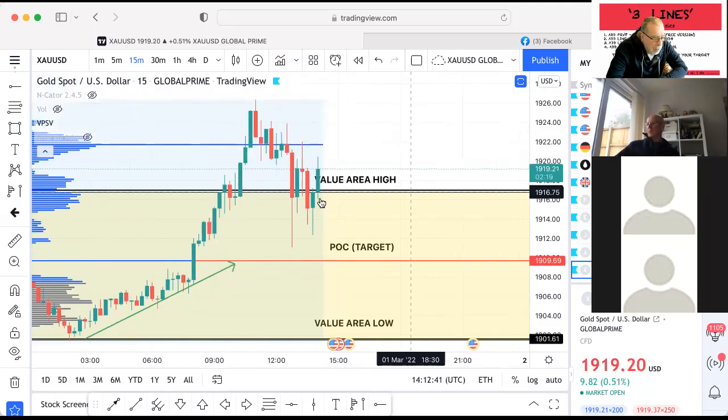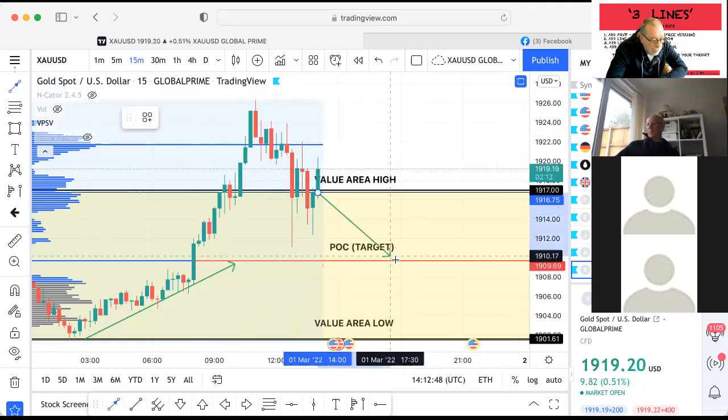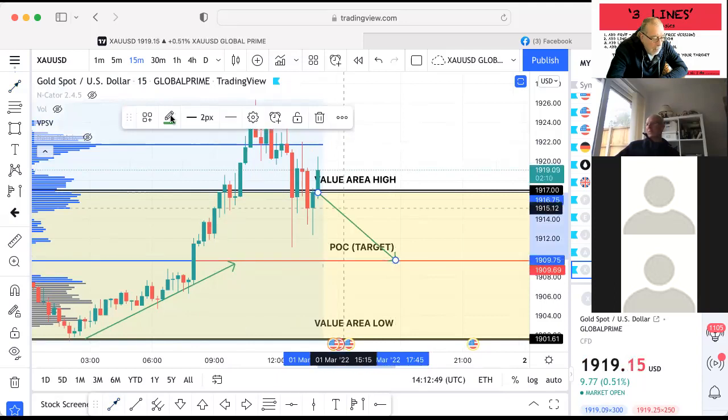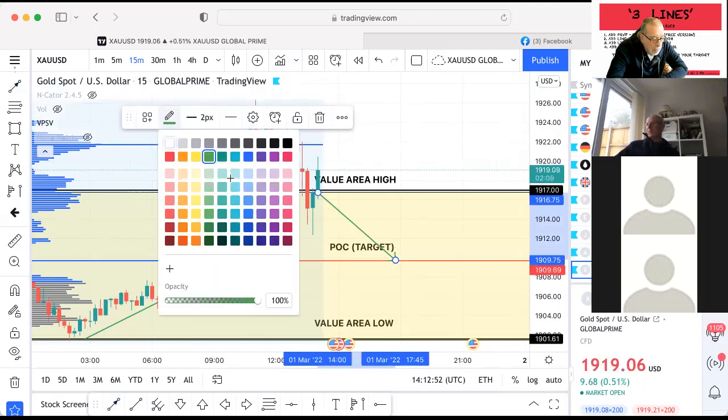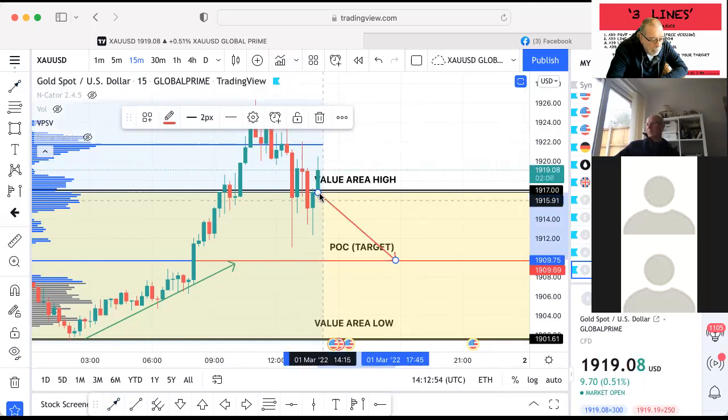If you're just following the three-line strategy, your next move is going to be that one, and you'll be looking at a selling opportunity once it actually decides to come in.